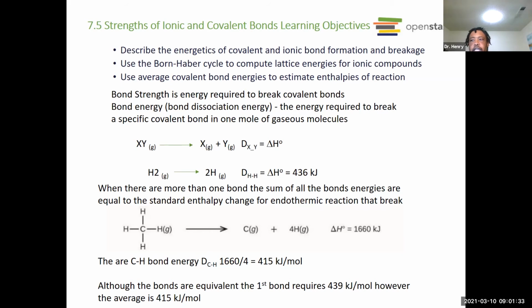So if we wanted to calculate the energy to dissociate the entire thing, it's going to be 415 times 4. So you'd calculate each one and multiply it times 4. Does that make sense? Mm-hmm. Okay.